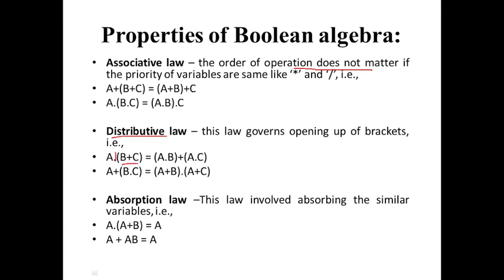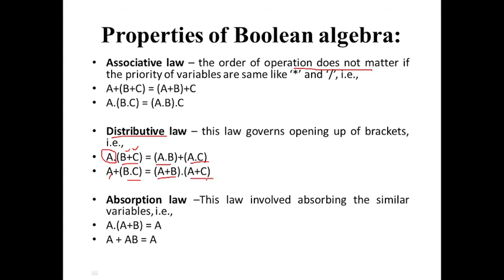So A is multiplied with B and C, and after multiplying it becomes AB plus AC. Then the second rule is A plus (B into C). This B into C is ORed with variable A, which gives (A plus B) into (A plus C). So these are the two distributive laws.